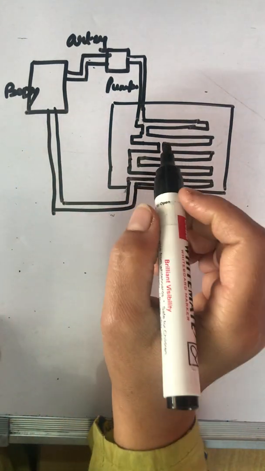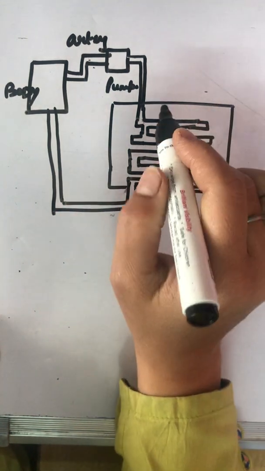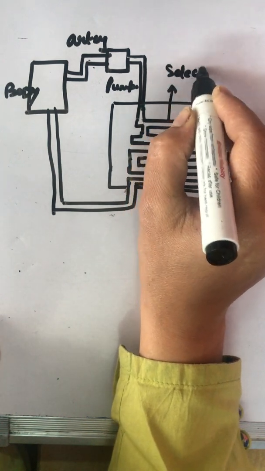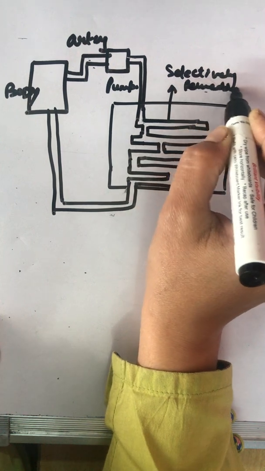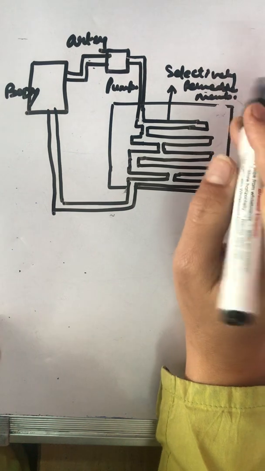Clear? What is this tube made up of? This tube is made up of selectively permeable membrane.